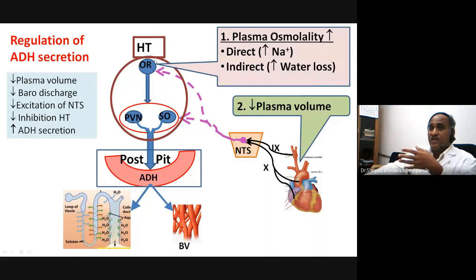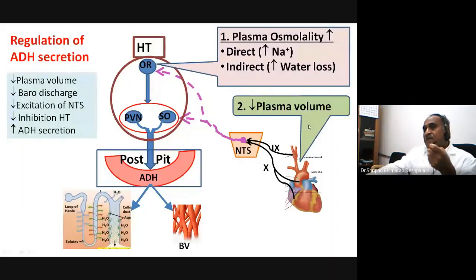That osmolality activates the osmoreceptors. Osmoreceptors in turn activate the paraventricular nucleus and the supraoptic nucleus to release the antidiuretic hormone. And this antidiuretic hormone will act on the collecting duct to open up the aquaporins and reabsorb the water. It enters into the interstitium or the blood vessels. That is the one component.